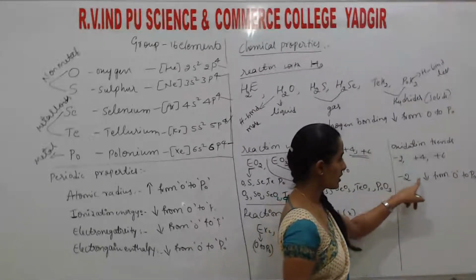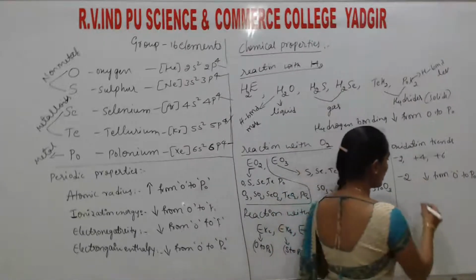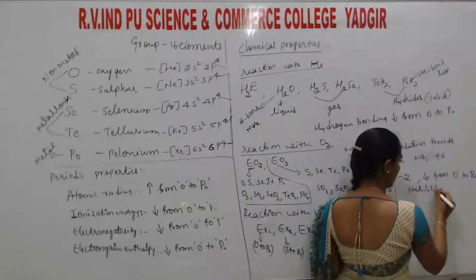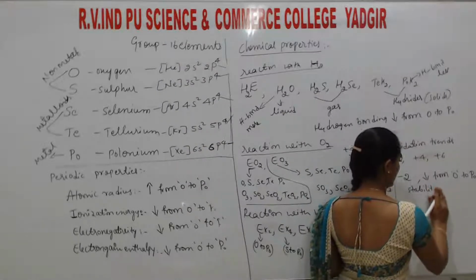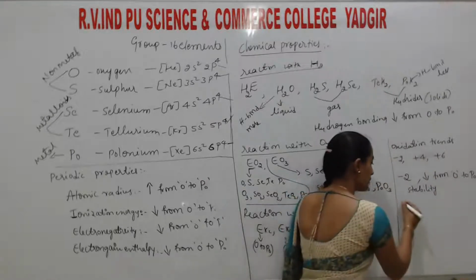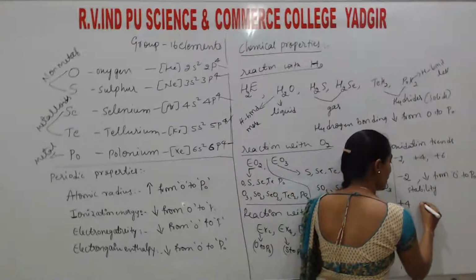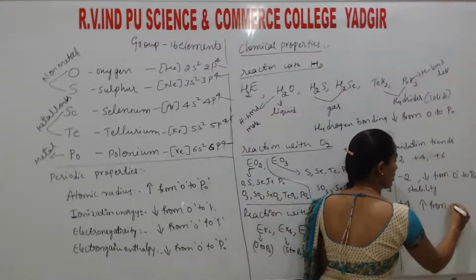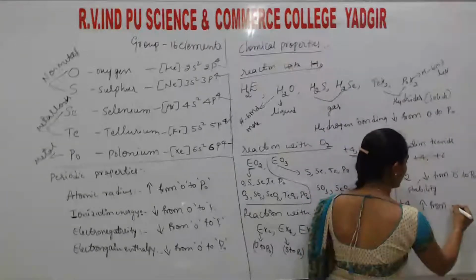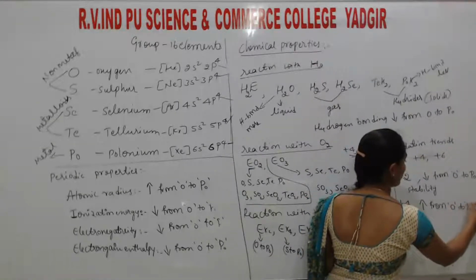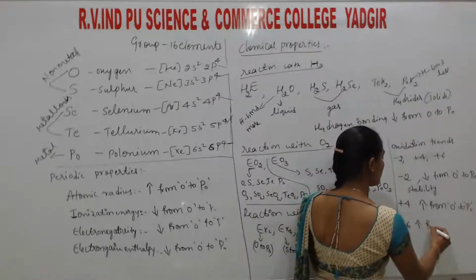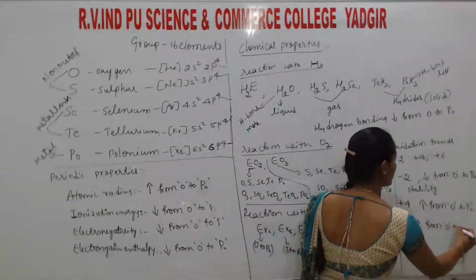The +4 oxidation state increases from oxygen to polonium. The +6 oxidation state also increases from oxygen to polonium.